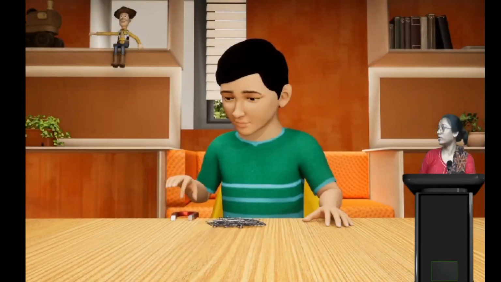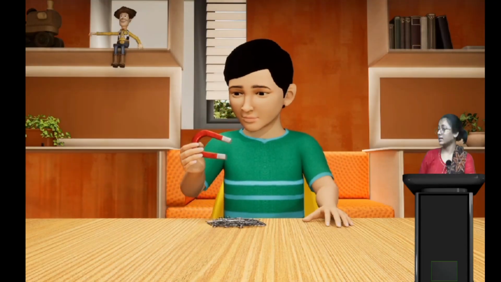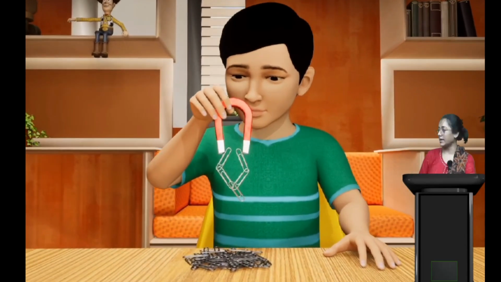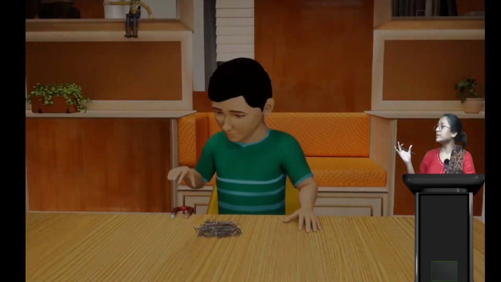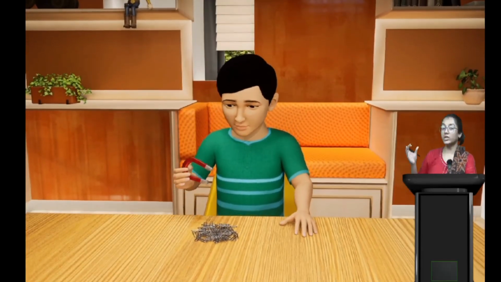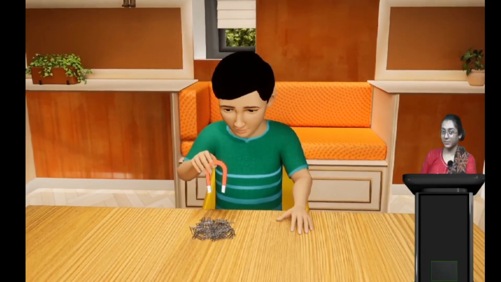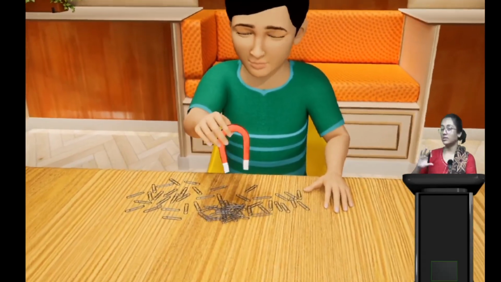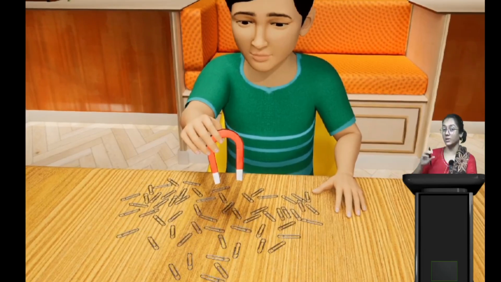And with the help of one big magnet, he is trying to do some kind of experiments. Okay. So, he is bringing the magnet closer to the paper clips, isn't it? And by increasing or decreasing the distance between the paper clips and the magnet, we can observe that he is getting different results, right?